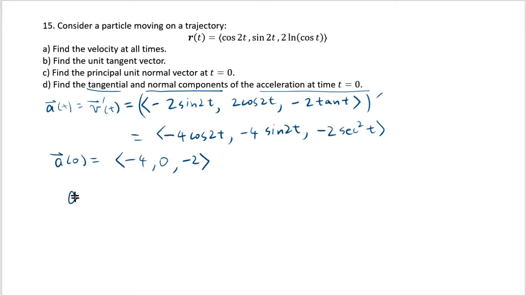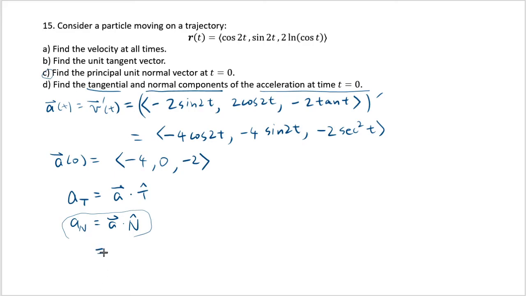And now we use the formula that the tangential component of the acceleration is a dotted with the unit tangent vector, and then the normal component would be a dotted with the normal vector. Usually the second one is pretty bad because normal vectors are so hard to find, but since we already have the normal vector from part C, we will use this.